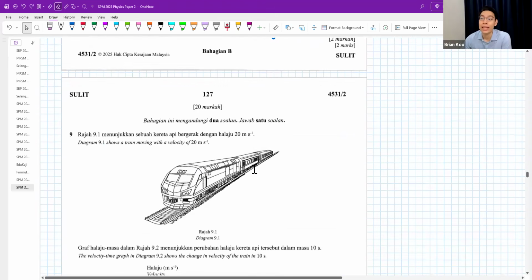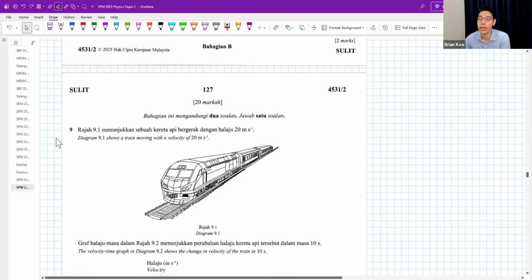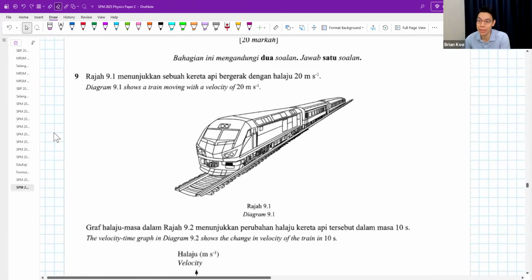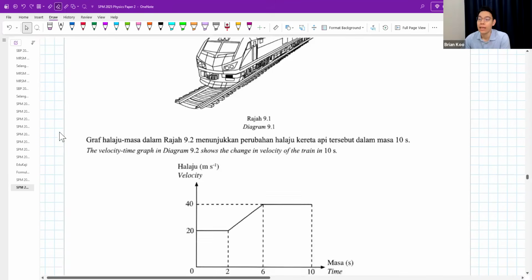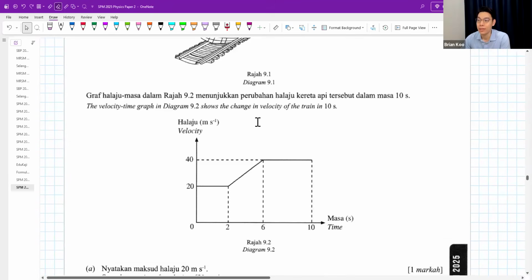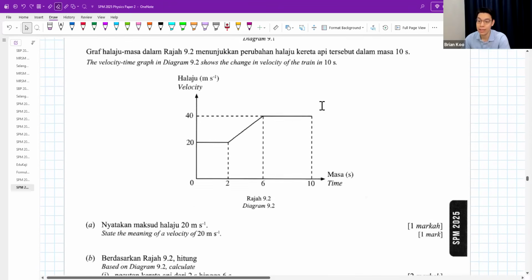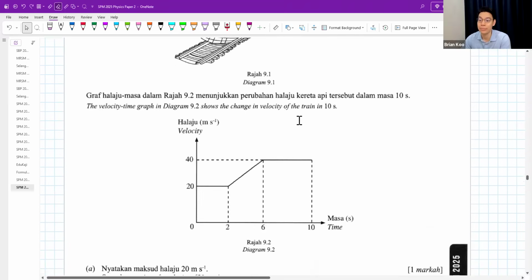Okay, question number 9, section B finally. The diagram shows a train moving with a velocity of 20 meter per second. Then they give you the velocity time graph that shows the change in velocity of the train in 10 seconds. State the meaning of velocity of 20 meter per second.